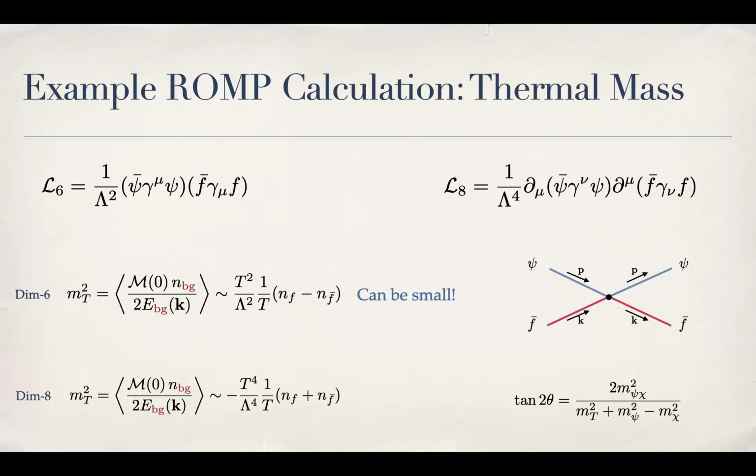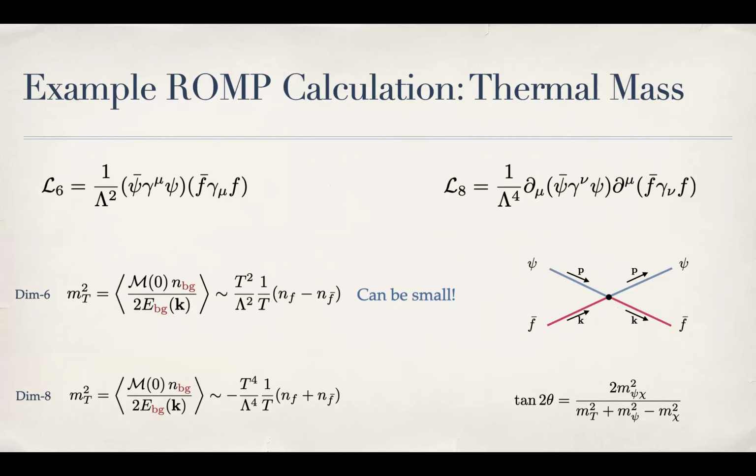But when you forward scatter with antifermions now, there are additional momentum pieces. If you remember, when you forward scatter between fermions and antifermions, the 4-vector goes like k goes to minus k. That sign flip cancels the sign flip from the fermion commutation, and it makes the matrix element have the same sign when scattering between fermions and antifermions. And so the dimension 8 contribution to the thermal mass for psi goes as N_F plus N_F-bar, and that may not necessarily be small.